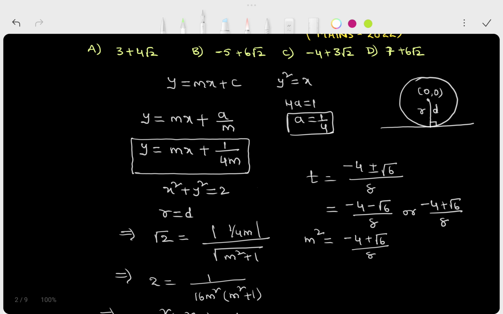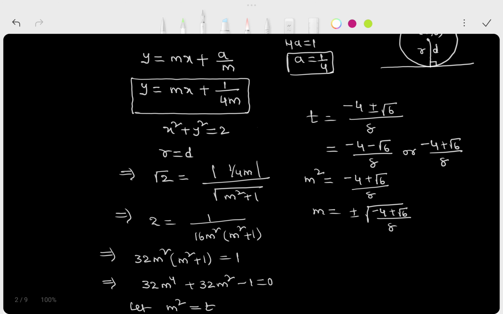Now we can write m is equal to plus or minus root over minus 4 plus root 6 whole divided by 8. So one value you take as m1 and the other value will be m2.